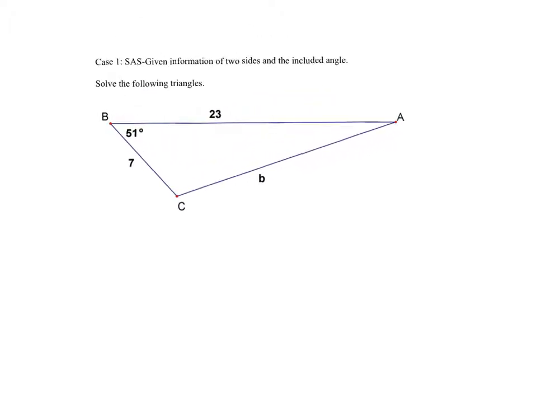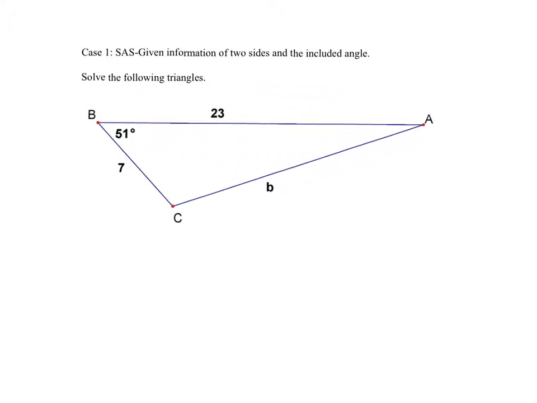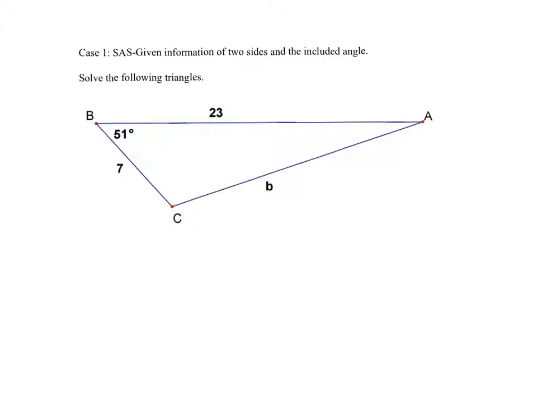Our first case is side-angle-side. We're given information of two sides and the included angle. We want to solve the triangle ABC, given angle B is 51 degrees, side c is 23, and side a is 7.